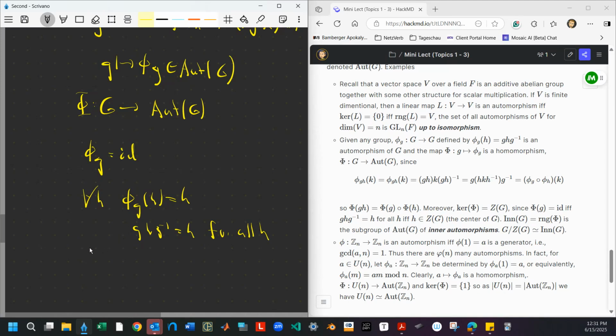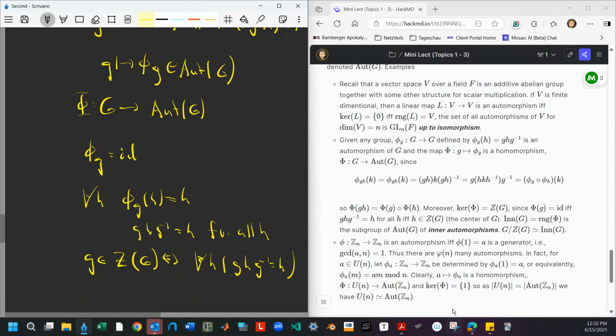All right, but this says specifically that g is in a group called the center of G. So g is in the center of G if and only if exactly this, for all h. I mean, that's the definition.